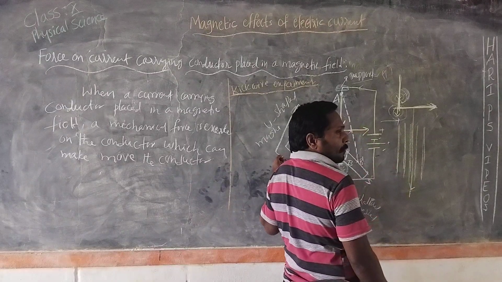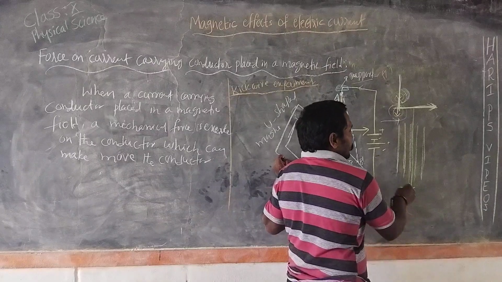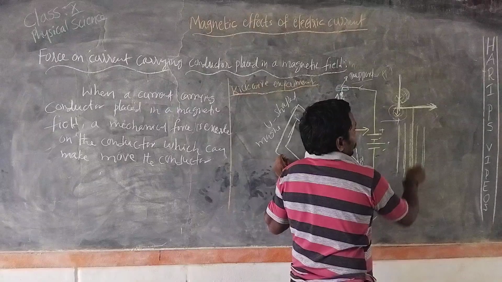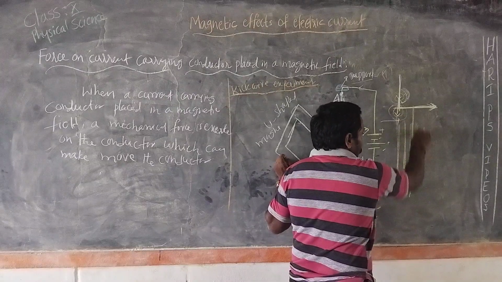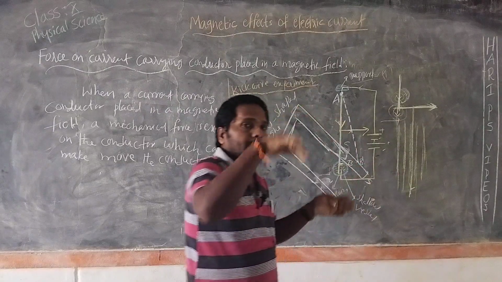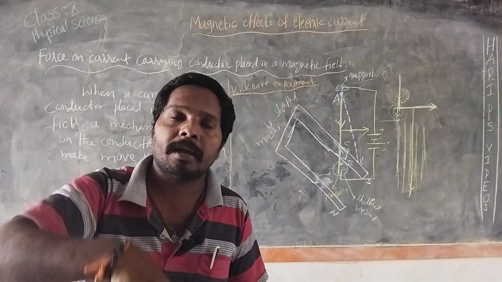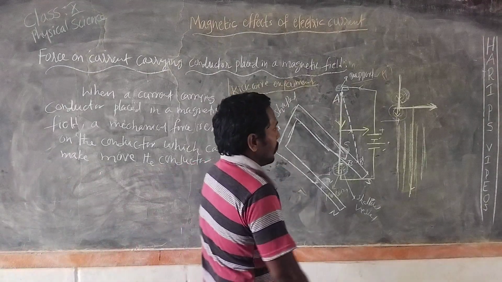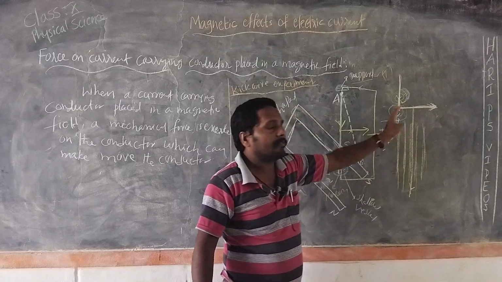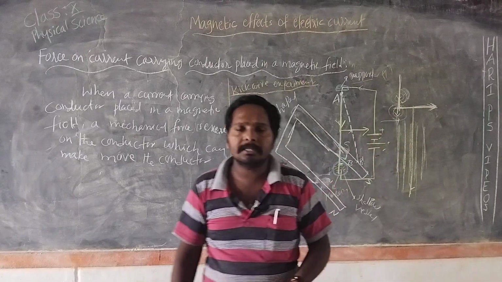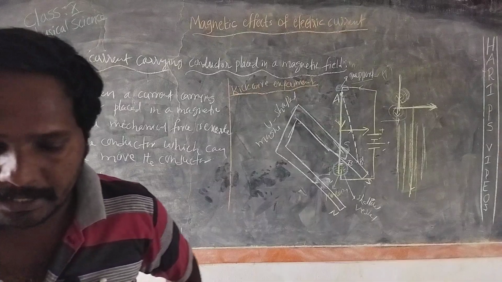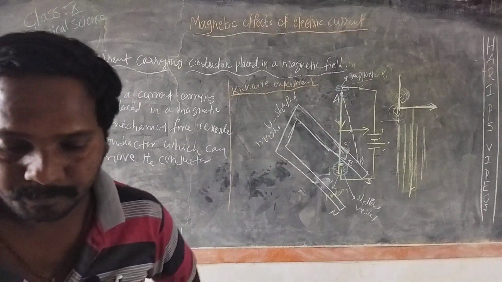No magnetic force acts on the current carrying wire because the directions are the same. The current direction and the magnetic field lines are all parallel. No effect is present. No magnetic force acts on the conductor to move it.